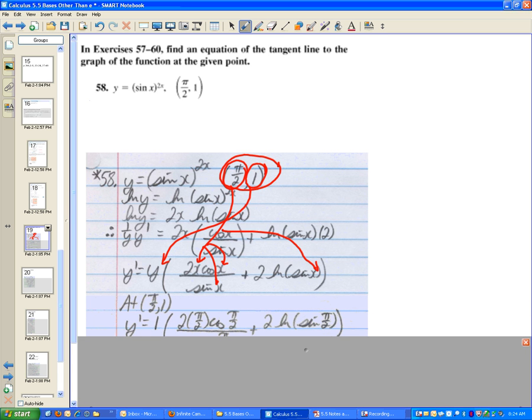So at the point pi over 2, 1, y prime equals, then I replace y with 1 and I replace all of those x's with pi over 2.